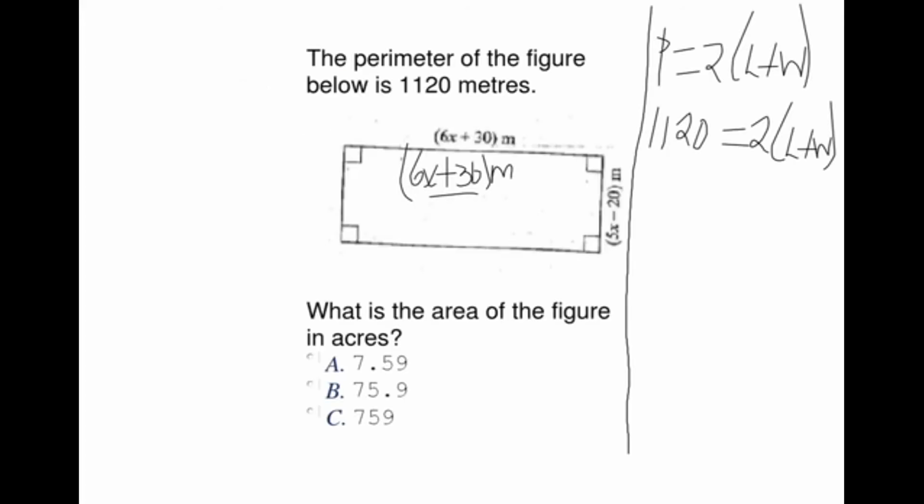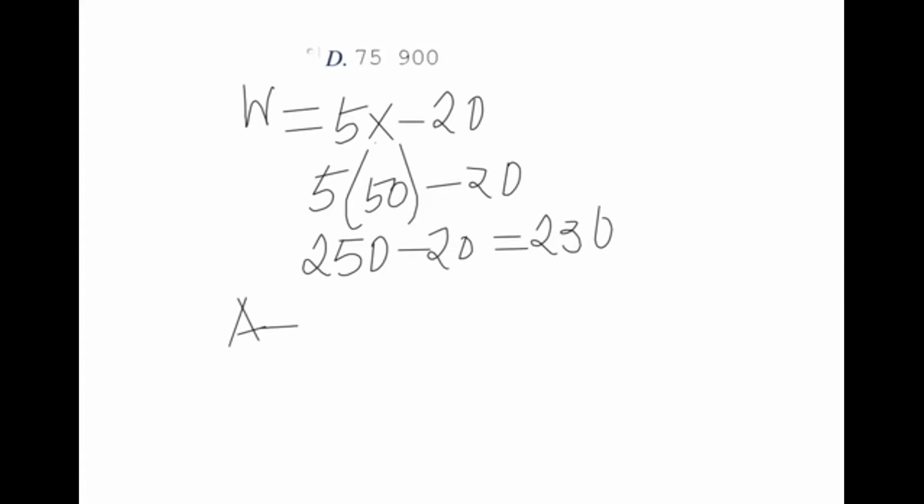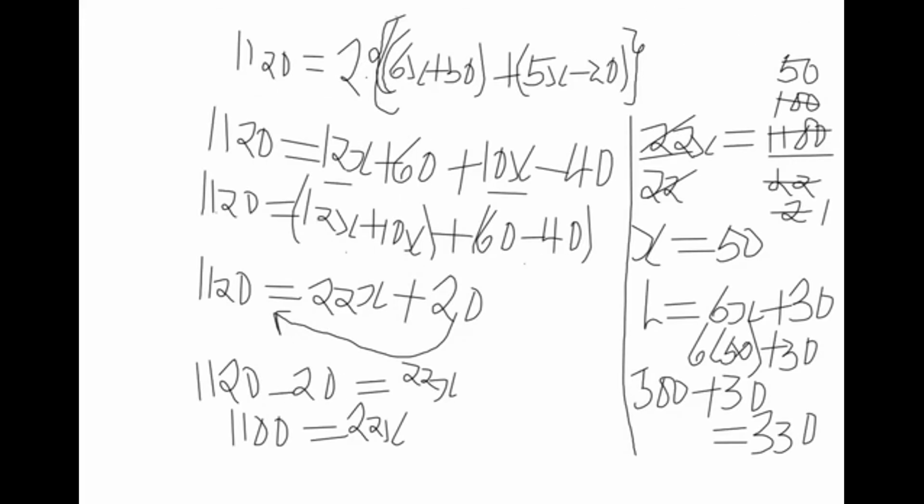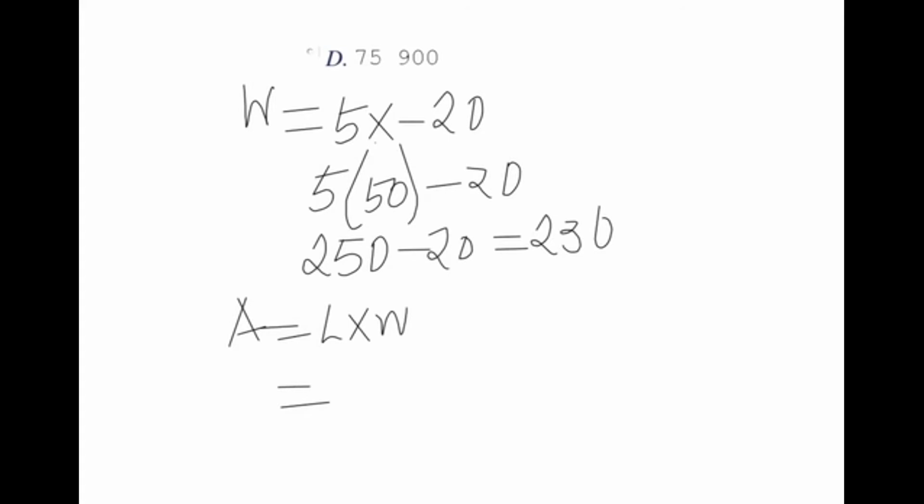Now we are going to find the area, which is given by length times width. Our length was 330 multiplied by 230.